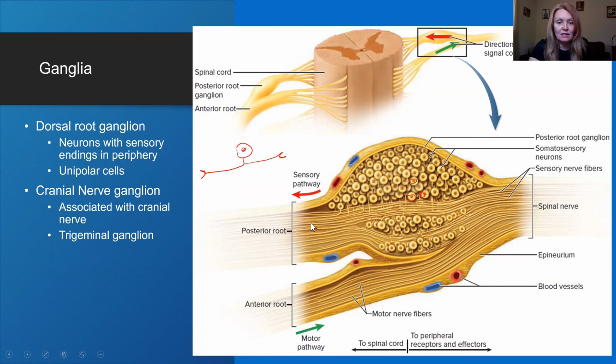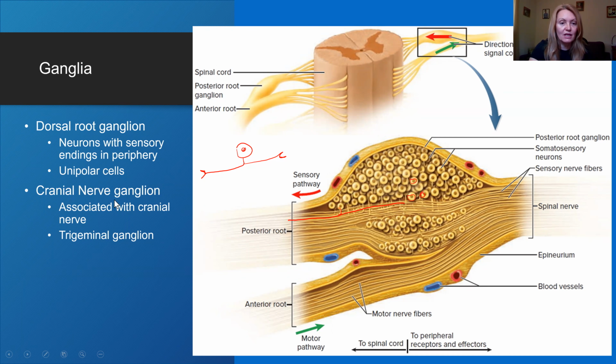And you can see peripheral process and central process. It's nice here, like look, one process and another, right? And the peripheral process goes to the peripheral part of your body, like to your skin, for example, and the central process will go toward the spinal cord.